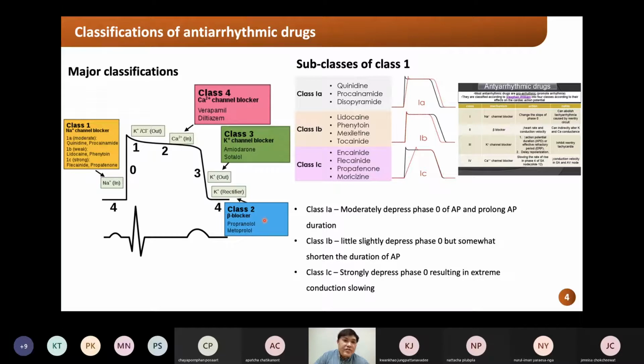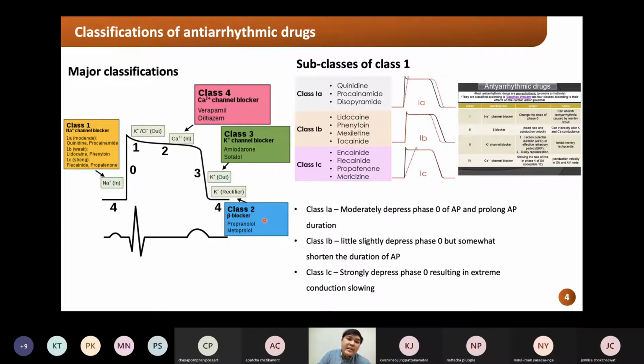In this class, because the drug blocks the beta receptor, it will increase the refractory period. It will prolong the duration of the action potential, and eventually it can reduce the heart rate, reducing the amount of excitation of the action potential.